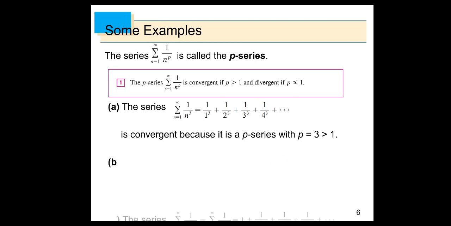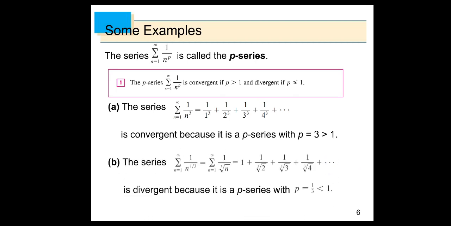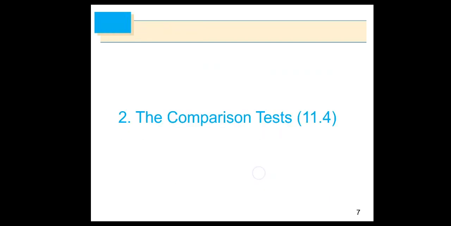On the other hand, in our B series the terms are 1 plus 1 by cube root 2, 1 plus 1 by cube root 3, 1 plus 1 by cube root 4, and so on. This series is divergent because the value of p is 1 by 3, which is less than 1.